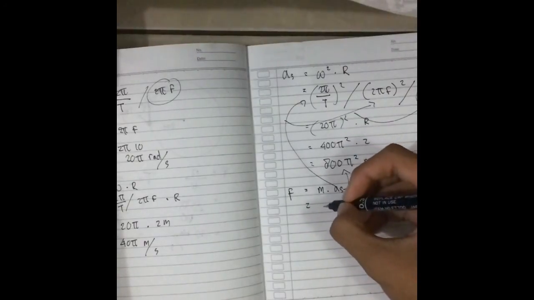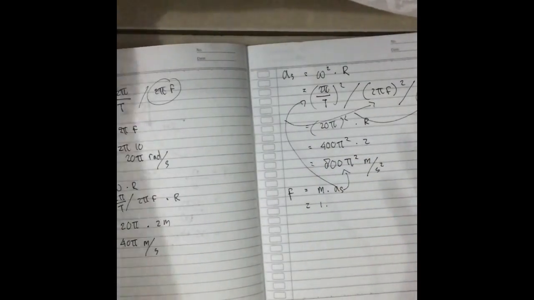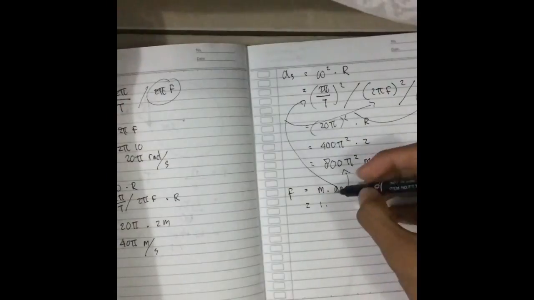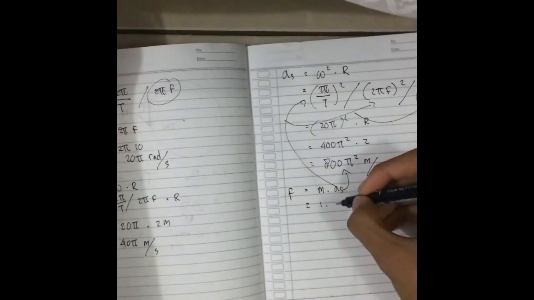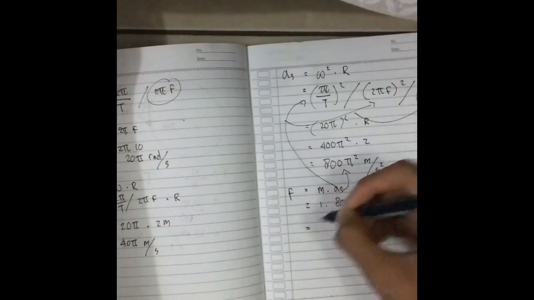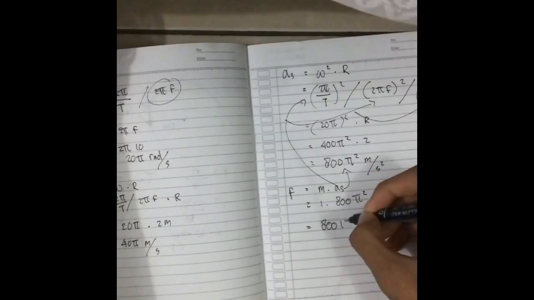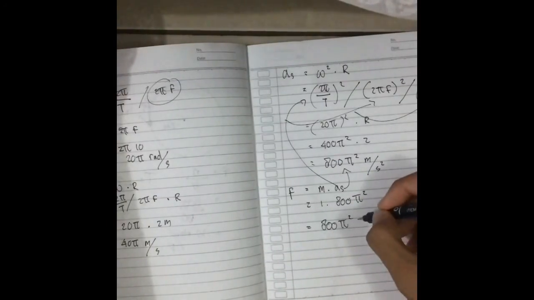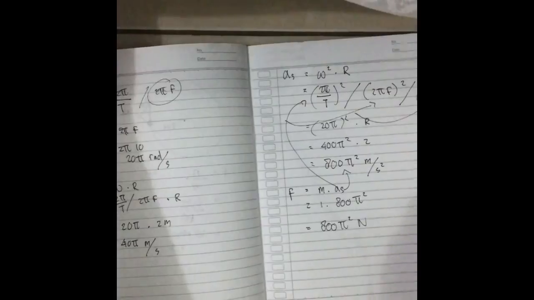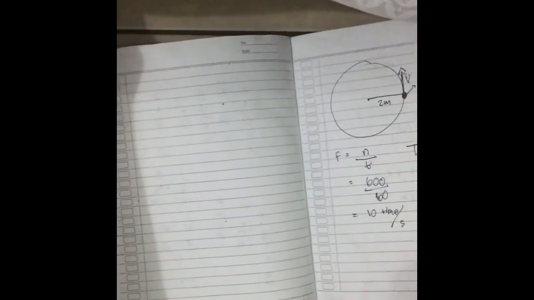So the mass, as I told you before, is 1 kilogram. We're gonna use the universal unit, kilogram, which is 1, and the acceleration is going to be 800 pi squared. So the force is going to be 800 pi squared Newton. And yeah, that's for the circular motion.